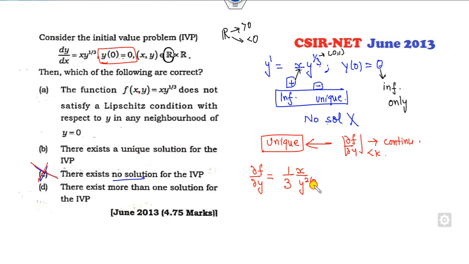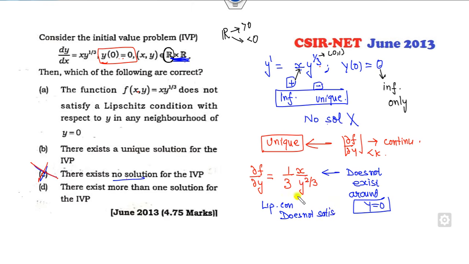So I can say this is 2/3. So clearly this does not exist around y equal to 0. Check whether y equal to 0 is a part of the domain: yes, it's a part of the real line. It's a part of the domain. So what does it mean? The Lipschitz condition is not satisfied.